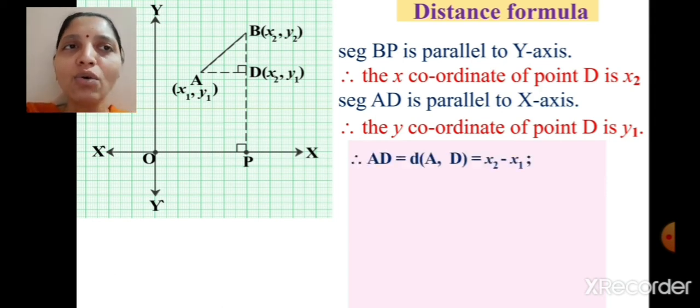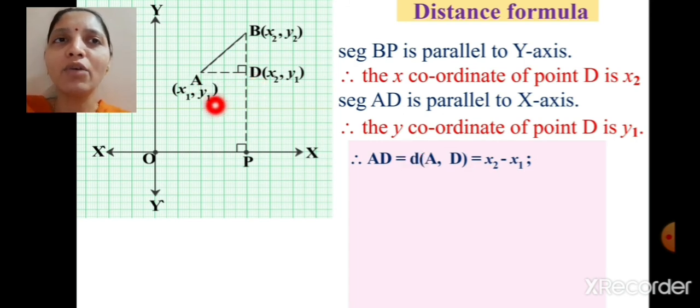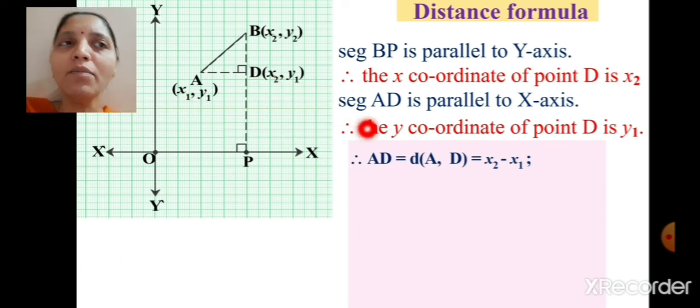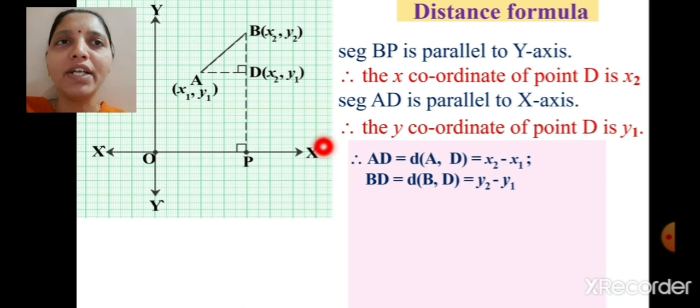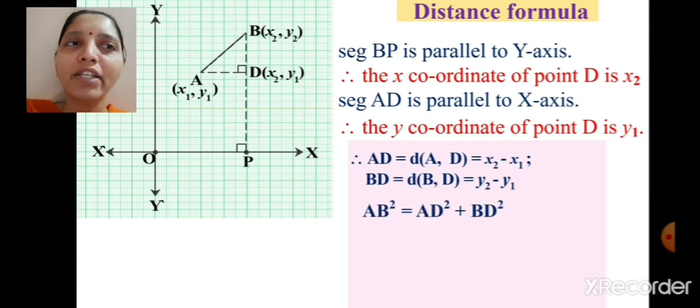Therefore, the distance of AD will be equal to, now their y coordinates are equal, so the distance will become x2 minus x1, and the distance of BD is equal to, now here x coordinates are equal, so the distance becomes y2 minus y1. Now apply the Pythagoras theorem.